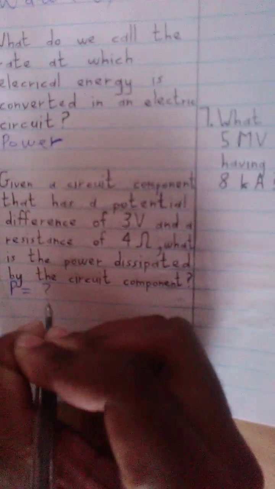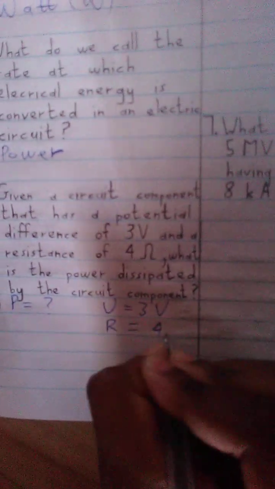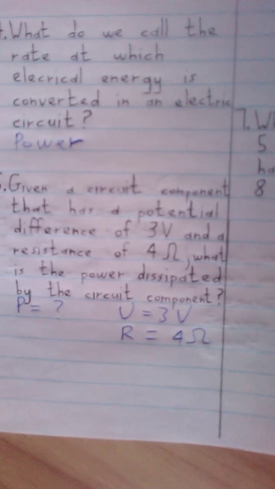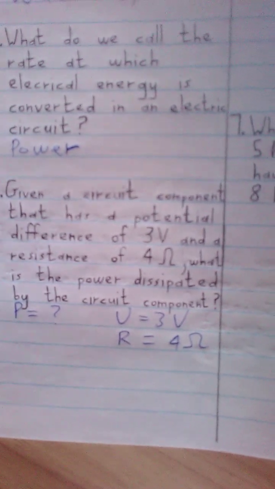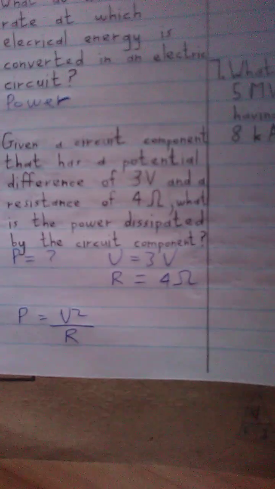So you're looking for P, right? We are given that the potential difference is 3 volts and the resistance is 4 ohms. So we take the formula which states power is equal to V squared over R. It's in the information sheet because we have V and R, right?